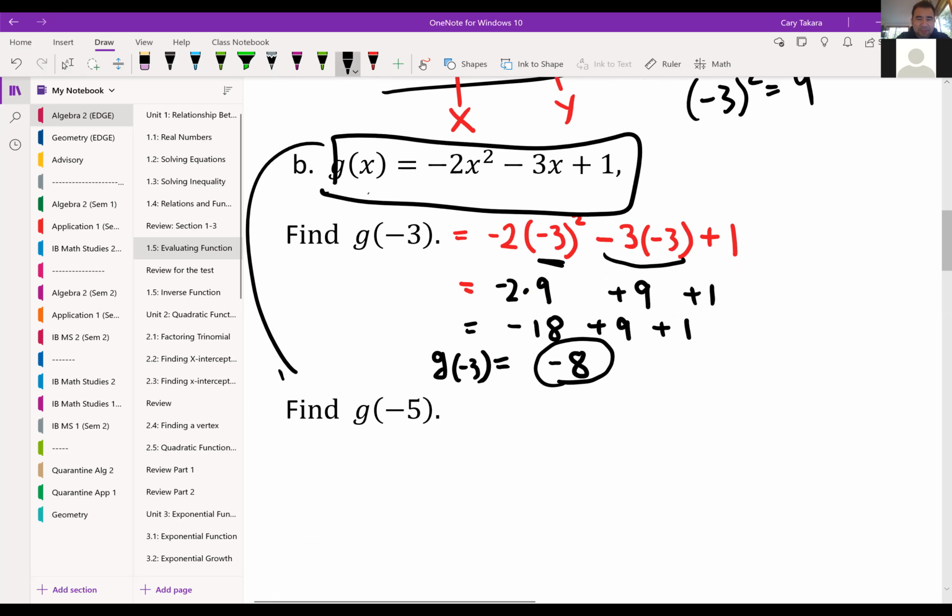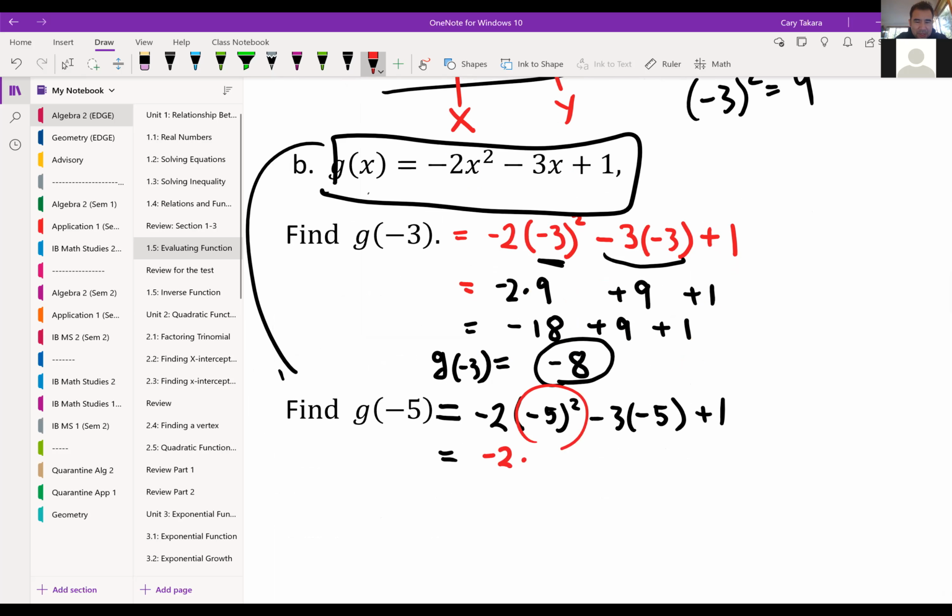So g of negative 5 is going to be equal to negative 2 times negative 5 squared minus 3 times negative 5 plus 1. Yeah? This is going to be positive 25. So it's going to be negative 2 times 25. And again, negative 3 times negative 5 is positive 15, plus 1.